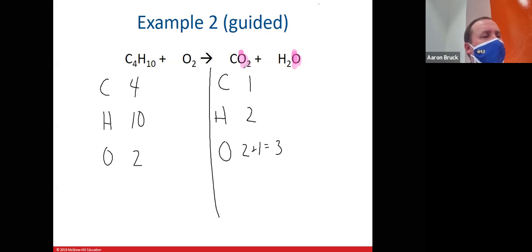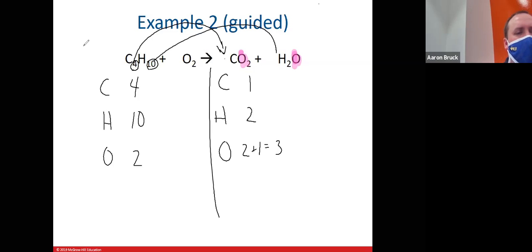But there are a couple of things that we can do. First of all, if you remember one of the tips from last time, if we have a compound that has multiple subscripts, those subscripts usually play a role in the balancing of the equation on the other side.